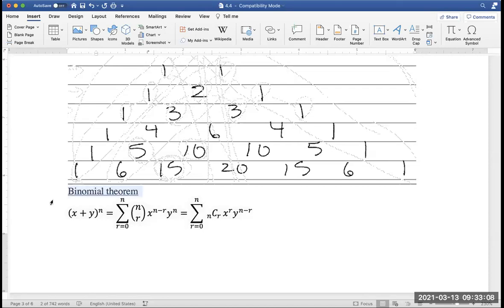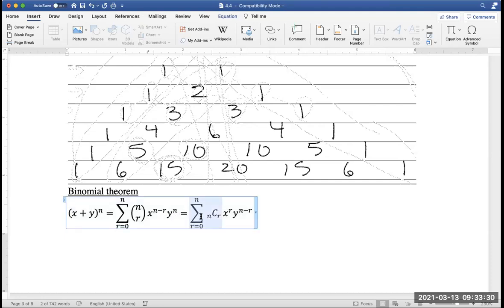Let's recall the binomial theorem from your previous classes. x plus y to the n is equal to the sum from r equals 0 to n of NCR times x to the n minus r times y to the r.